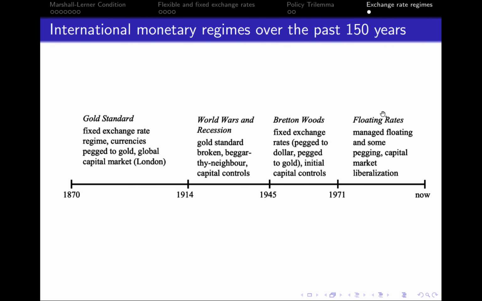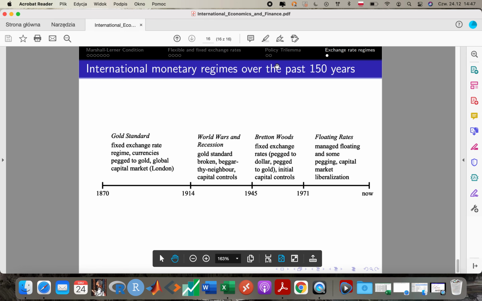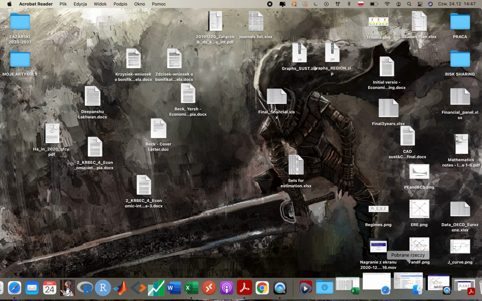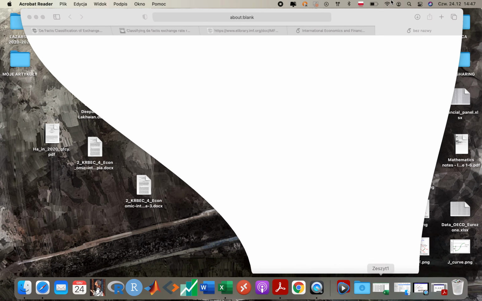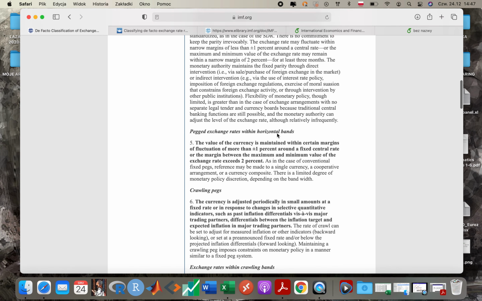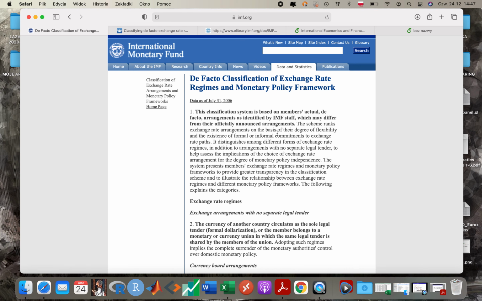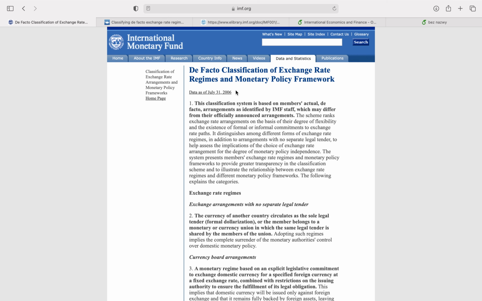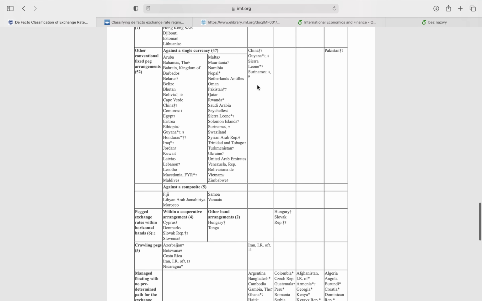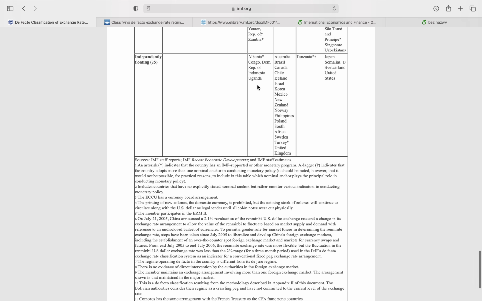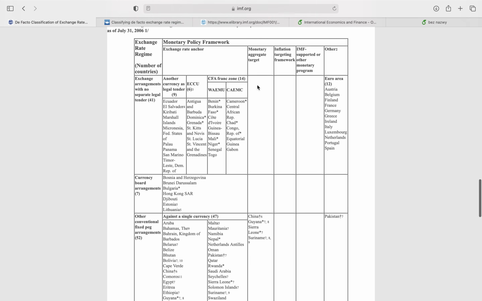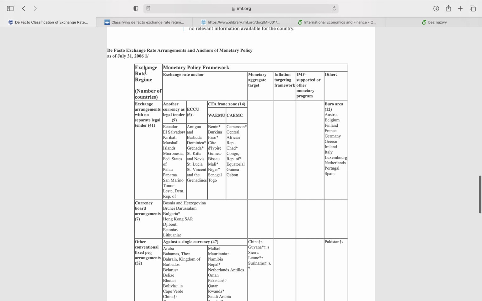Okay, so let me now show you what I mean by referring again to the IMF. Here you see something that I was already showing you before. This is the classification of exchange rate regimes by the IMF. And look, here rows represent different exchange rate regimes, and here we have different monetary policy frameworks.